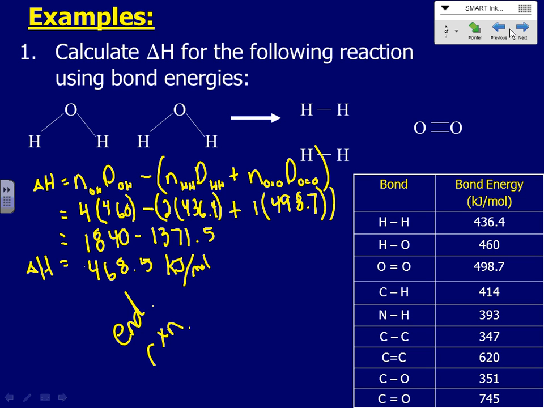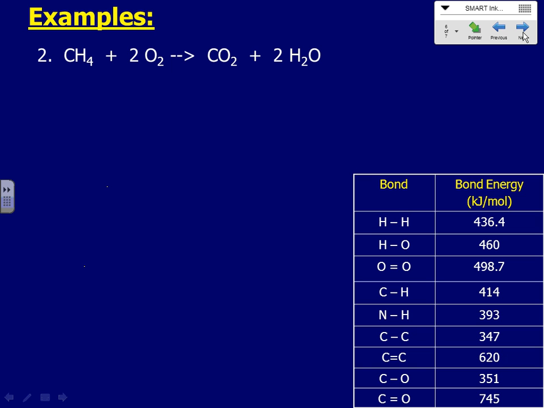All right? Let's do another example here. Okay, let's look at this one. Now, we haven't gone over how to draw Lewis diagrams officially in this course, but you would have done it in terms of preparation for your grade 11 review test. So CH4, it's not too crazy to remember that we're going to have some single bonds here, and so we're going to have to draw some rudimentary pictures.